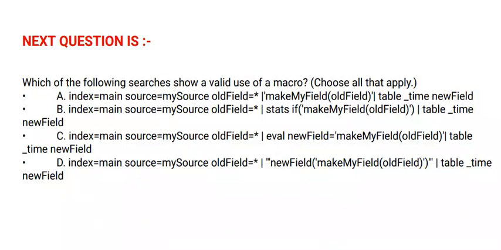Option C, index=main source=my_source oldfield=* | eval newfield=`make_my_field(oldfield)` | table _time newfield. And option D, index=main source=my_source oldfield=* | newfield `make_my_field(oldfield)` | table _time newfield. The correct answer is option A.